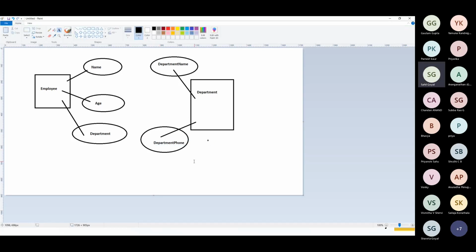Now, if I look at these two entities, I can easily say that they can have a relationship between them. The way they're going to have a relationship is based on the department. So if I say this particular set of columns can have a relationship with each other, right?